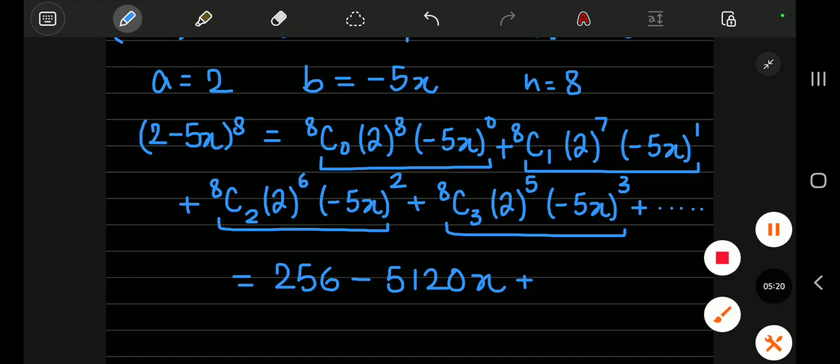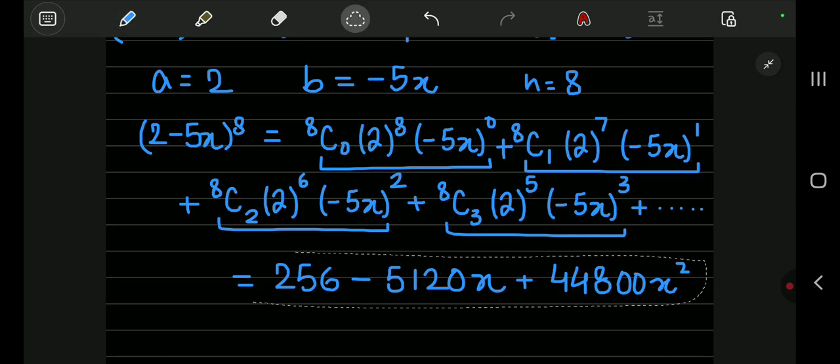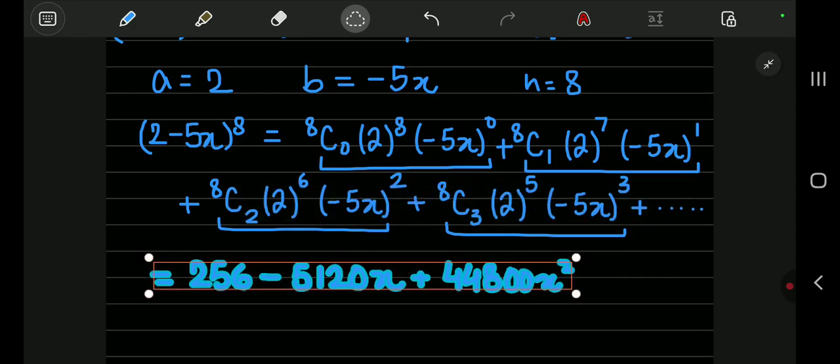It will give you 44800x squared. Okay, and the last term would be 8c3 2 to the power 5 times minus 5 to the power 3.